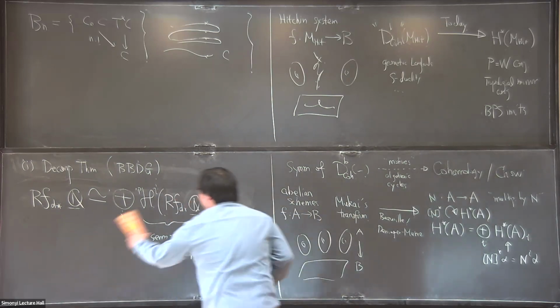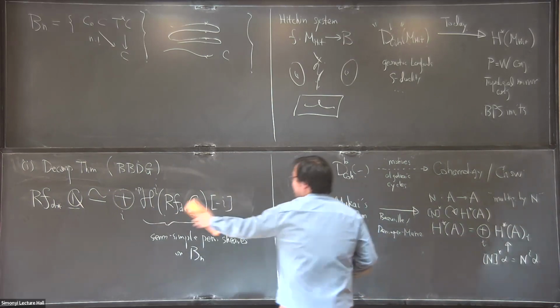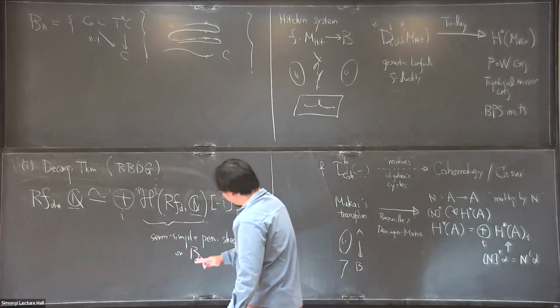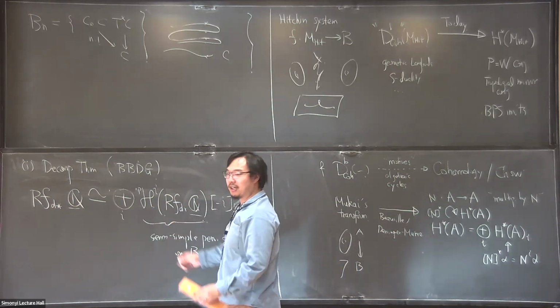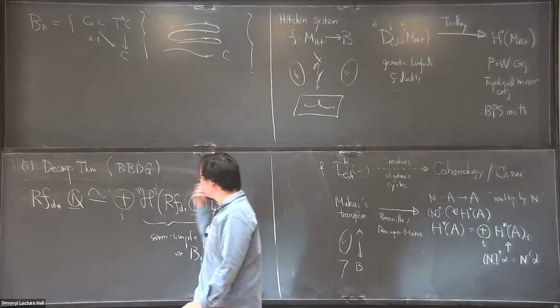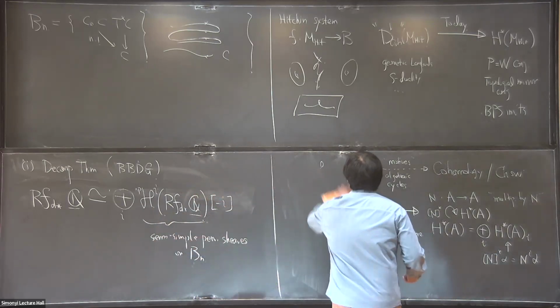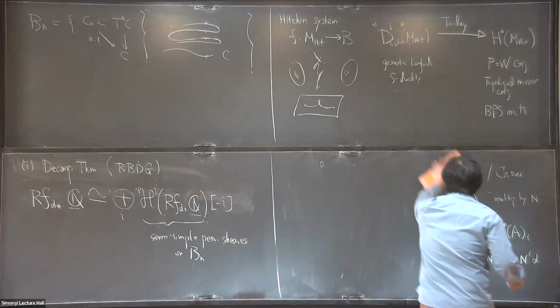This is very helpful in calculations, but in order to decide these things, one has to calculate the supports of these semi-simple perverse sheaves, but also the local systems associated with them, which usually is very challenging.